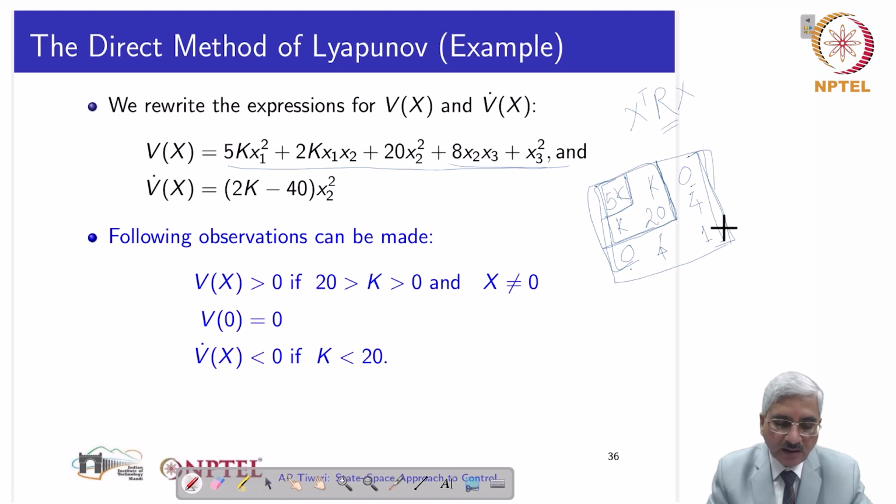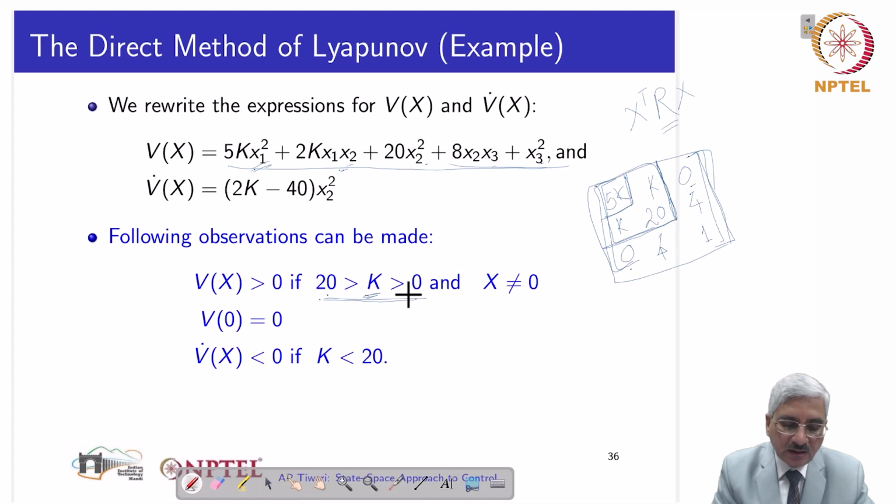So if we do all that, we get this condition: 20 minus k should be within 0 and 20. And for x equal to 0, if x is identically 0 everywhere, then this Vx becomes 0. So Vx is 0 at x equal to 0, and it is positive if k is between 0 and 20.